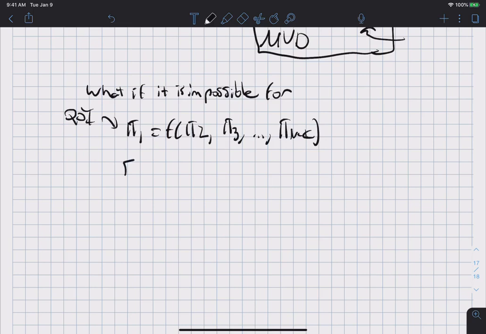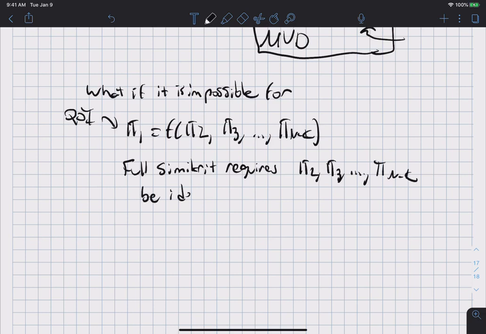Full similarity requires pi 2, pi 3, all the way to pi n minus k to be identical between the experiment and the real object.